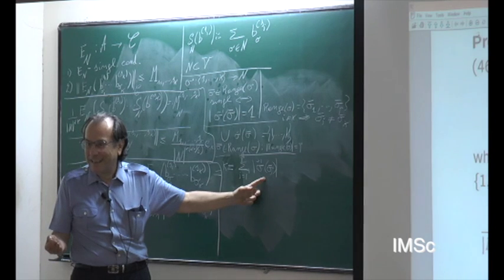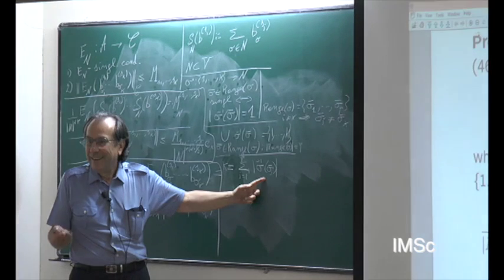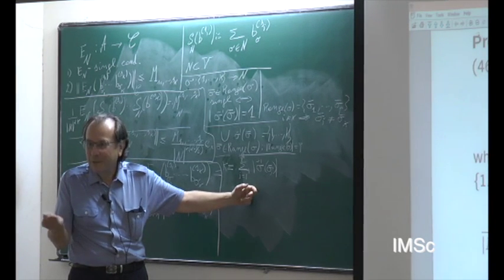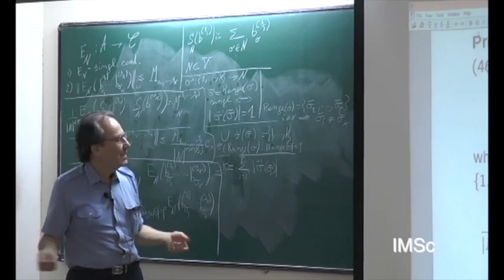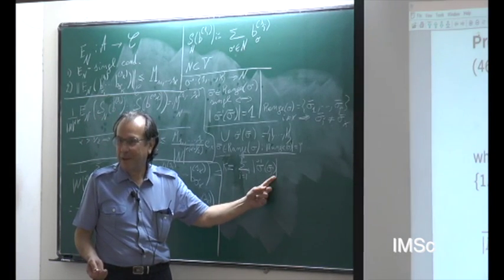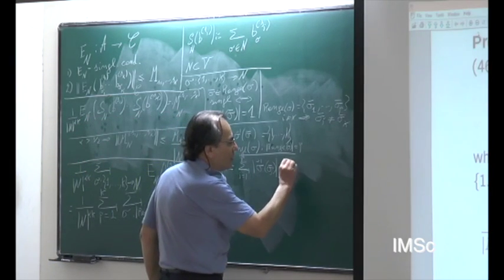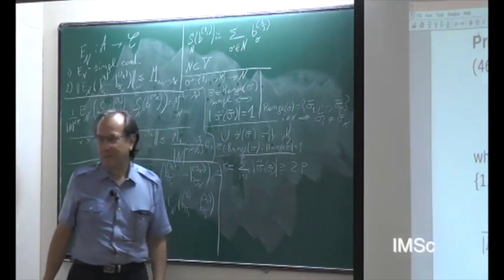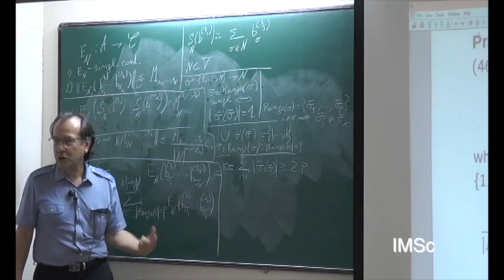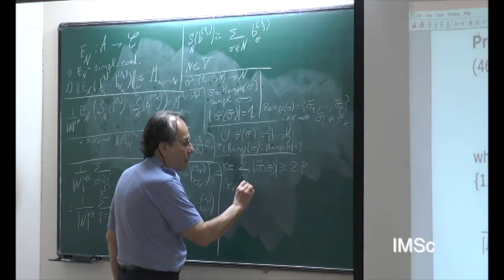What is the minimum cardinality if there are no singletons? Correct, 2. This means that this is greater or equal than 2, okay? But I have p terms. So this sum is greater or equal than 2p. But this sum is k. So it means that k over 2 is greater or equal than p.